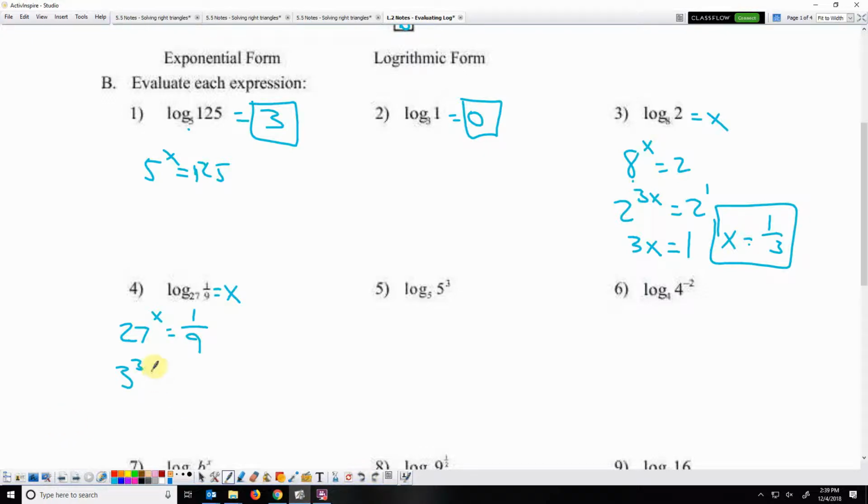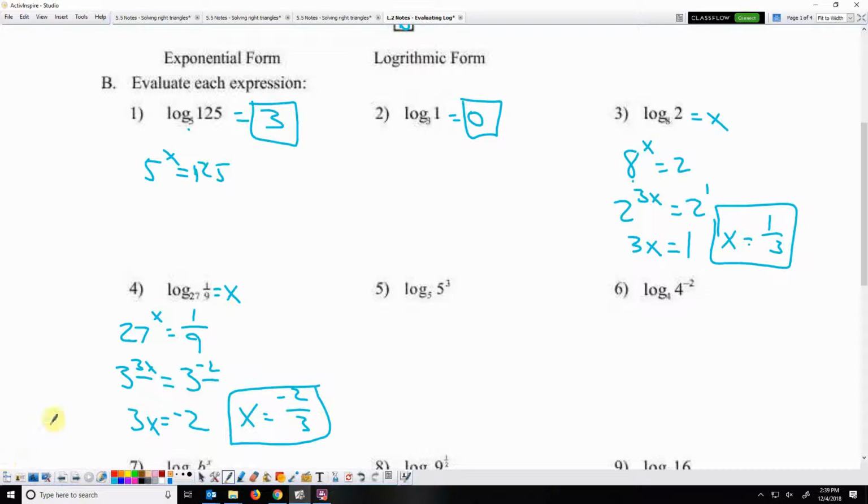Let's space that out a little better. And 1/9, 9 is 3 to the second power, so 1/9 is 3 to the -2 power. So I get 3x equals -2. Bases are the same, therefore the exponents are equal. So x is -2/3.